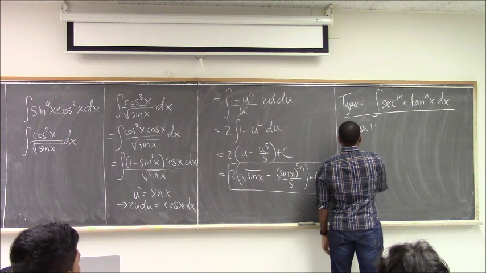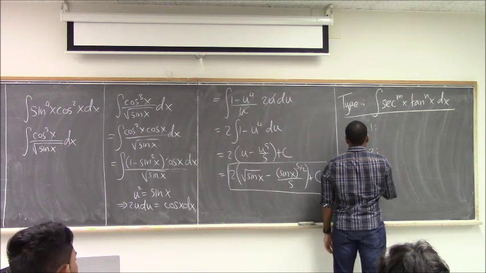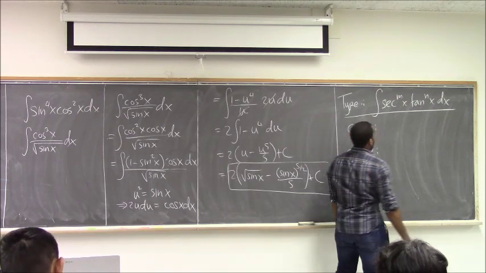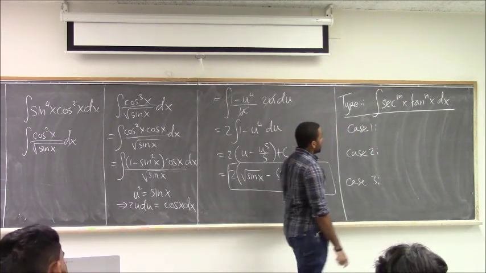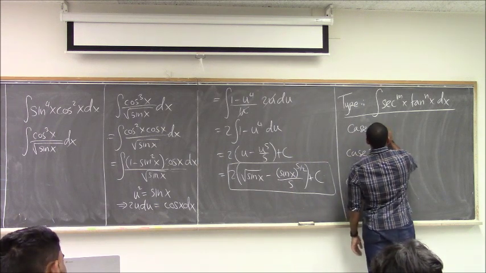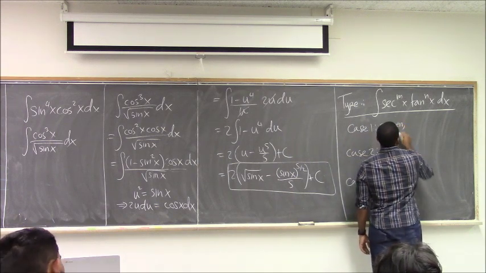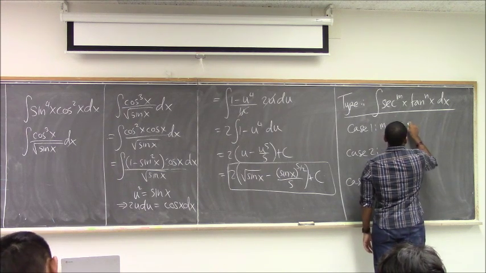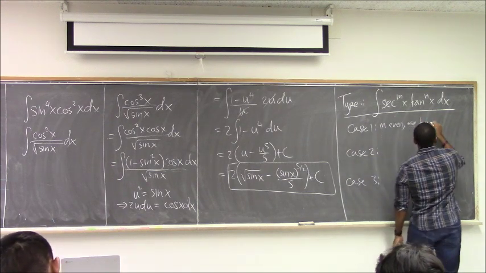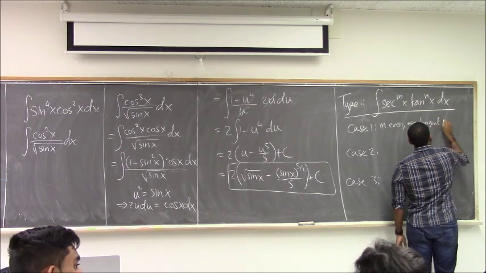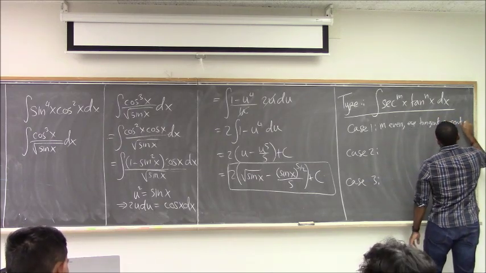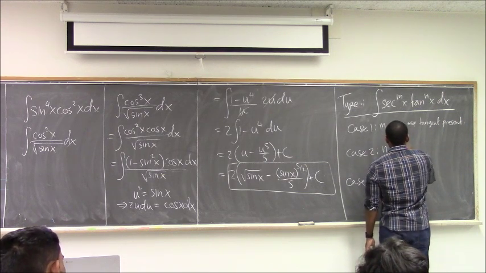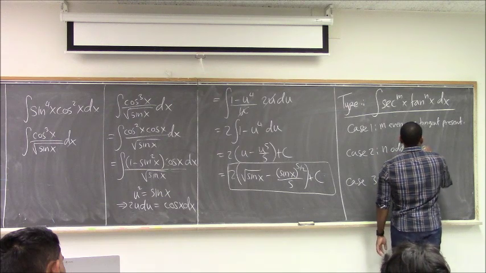This form has 3 cases. Case 1 would be m even, especially tangent present. Case 2 is n is odd and secant is present.